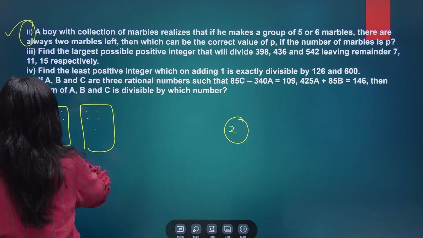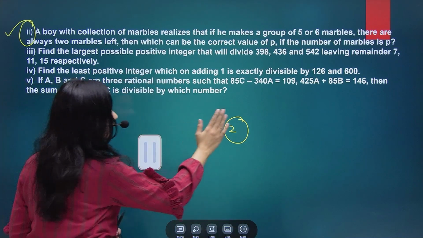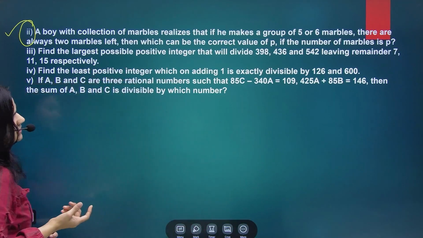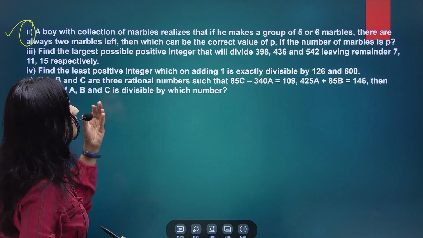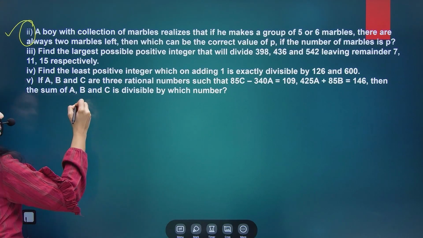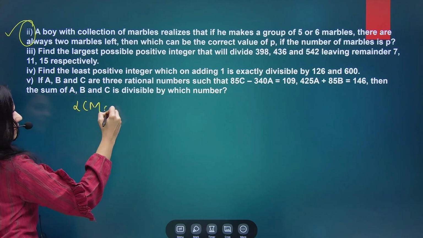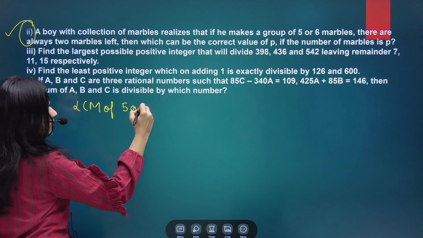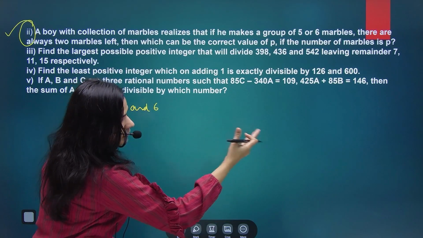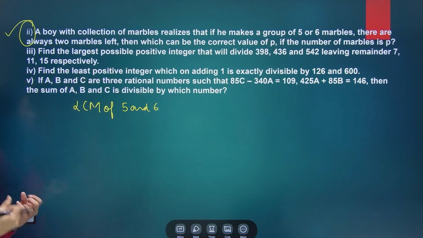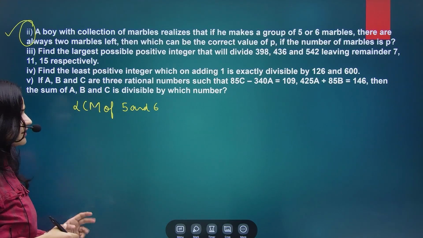So clearly we are looking here for a multiple of 5 or 6. 5 और 6 का multiple ढूंढ रहे हैं हम लोग, और let us find out lowest multiple जो कि 2 marbles छोड़ देता है. Let us find the LCM of 5 and 6 here. क्योंकि आप 5 और 6 के ग्रुप बना रहे हैं, और लास्ट में आप देखते हैं 2 मार्बल्स बच गए हैं. तो वी हैव टू क्लियरली लुक फॉर मल्टीपल ऑफ 5 and 6 here.